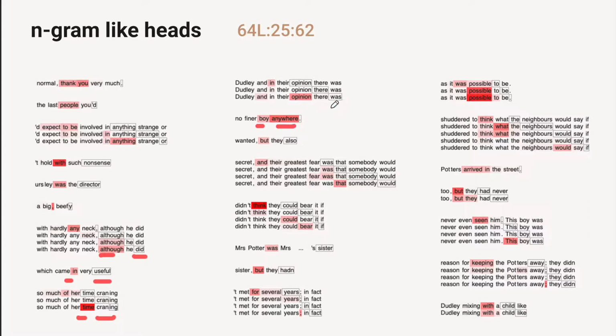"Boy, anywhere." Yeah, these seem a little bit weaker, but let's focus on the big ones, like "think could," "but hadn't," "4 years," "possible be," "possible period," "what neighbors," "but had," "but never," "seen period," "this was," "keeping away," "with child."